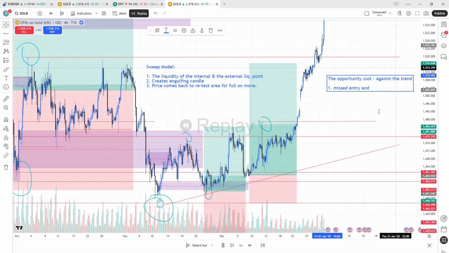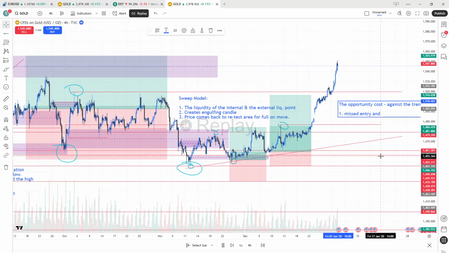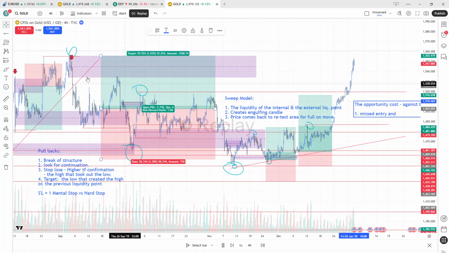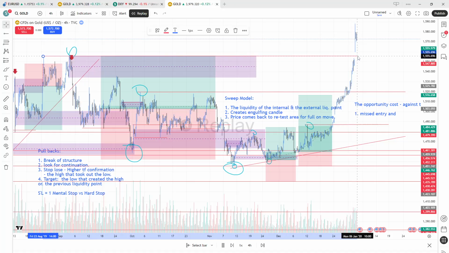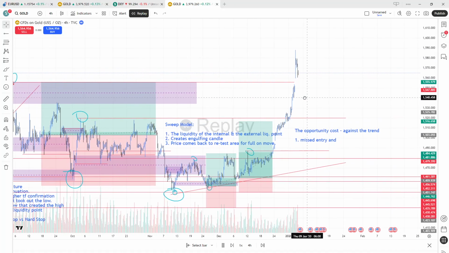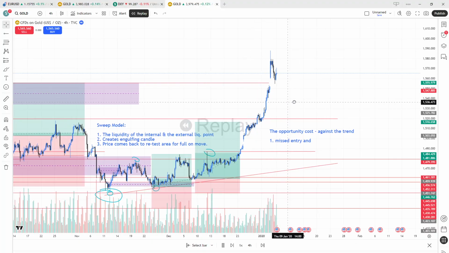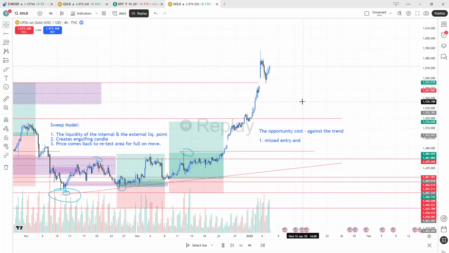Now that there's a breakout, we do see that price is coming back. So all of this is just a retracement for this. And I hate to be the guy who's not catching this move, right?